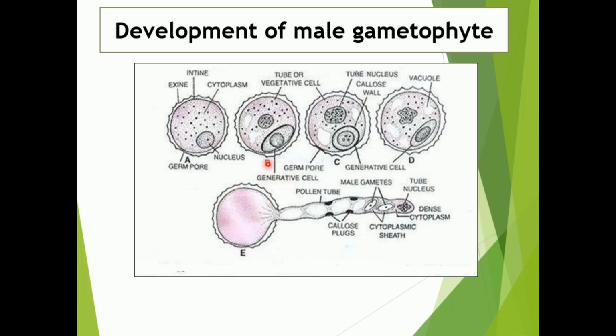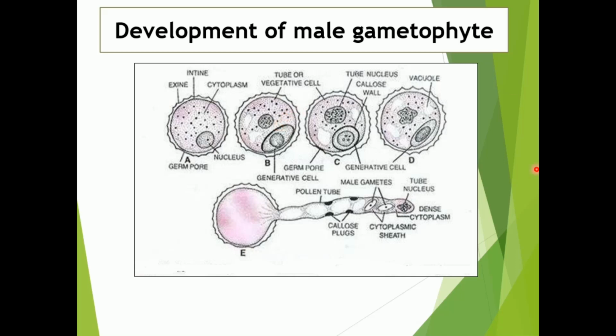Now these are the two cells: one is a vegetative cell, the second is the generative cell. In the next diagram, the vegetative cell is rich in food with an irregular shaped nucleus. The generative cell floats in the cytoplasm of the vegetative cell. This is the second diagram of development of the male gametophyte.